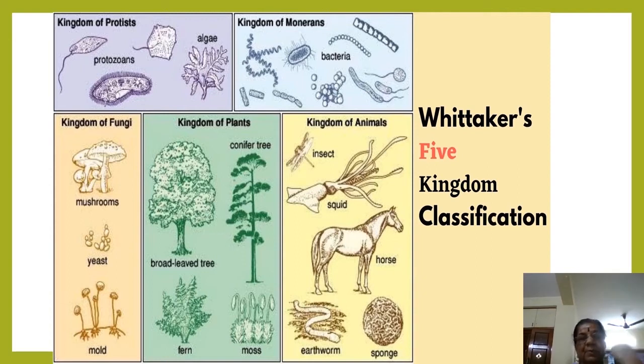We will study the plant kingdom in detail separately next. This is the kingdom of Animals, where animals are classified into different phyla. Phylum is singular, phyla is plural. Are you clear? So this is Whittaker's five kingdom classification.